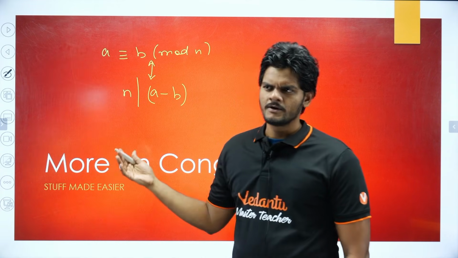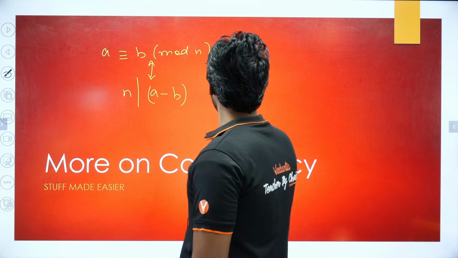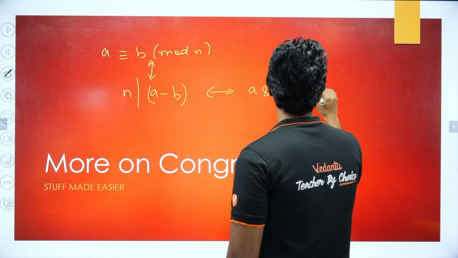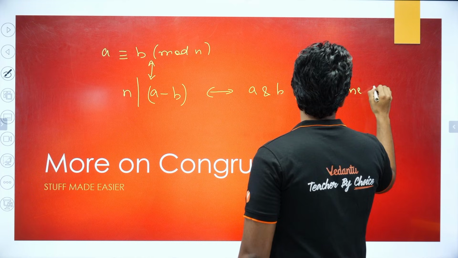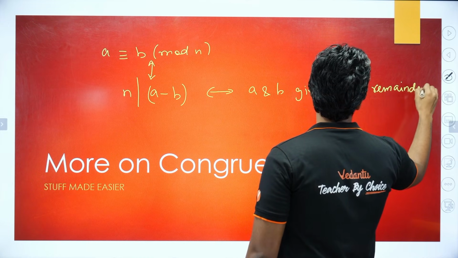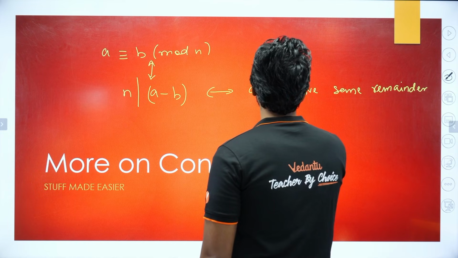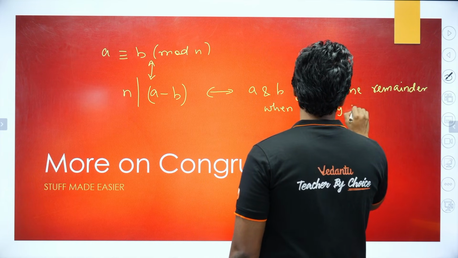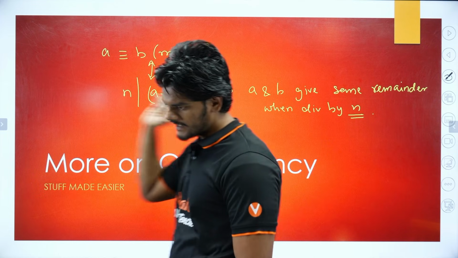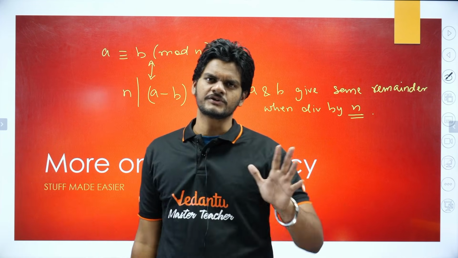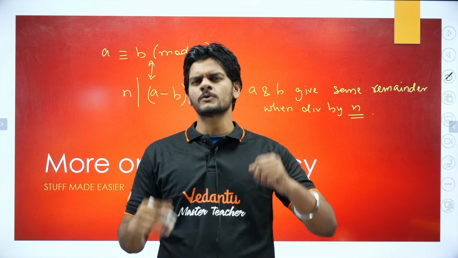In other words, A and B give the same remainder when divided by n. That is the definition. From this only we build so many things.